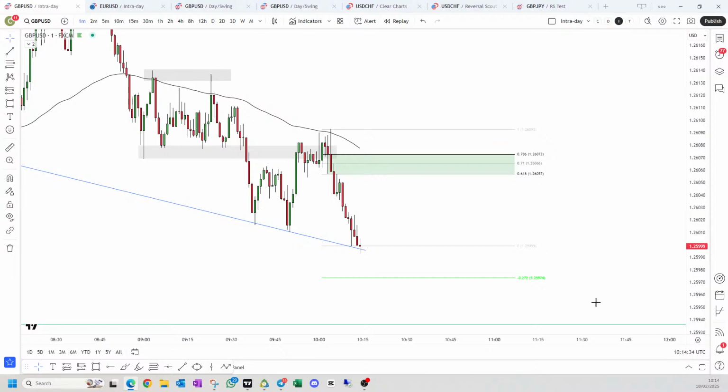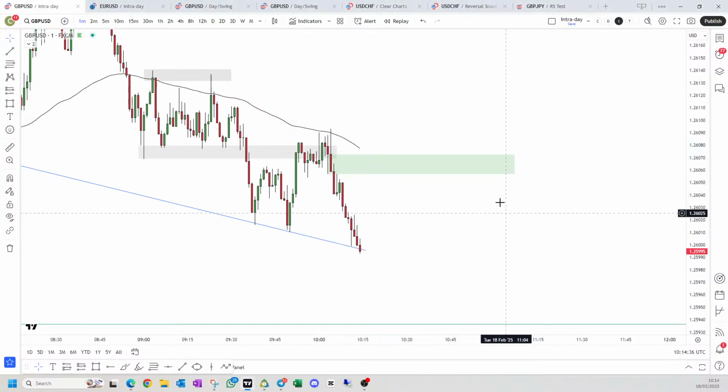So we just got to wait for this to actually form a low to trade from. In the meantime, we wait.